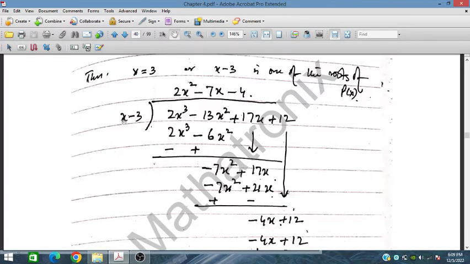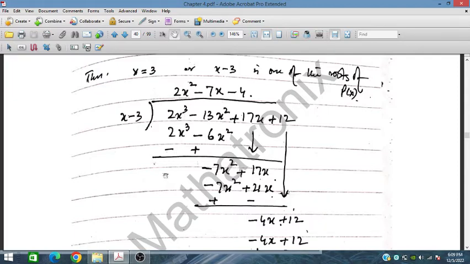So this is 2x square, because we have to obtain this 2x cube, so we multiply with 2x square. So 2x square multiplied with this x, we have obtained 2x cube. And we also multiply with this minus 3, so this becomes 6x square.